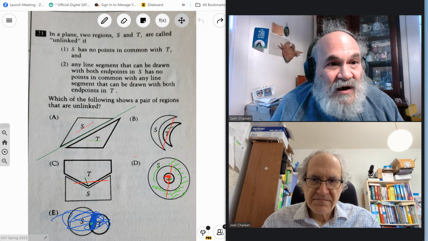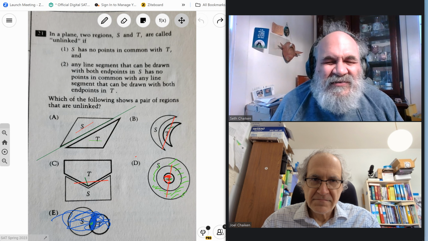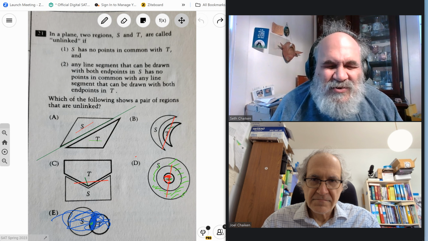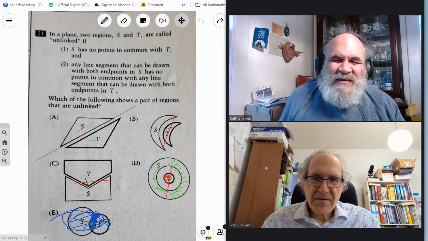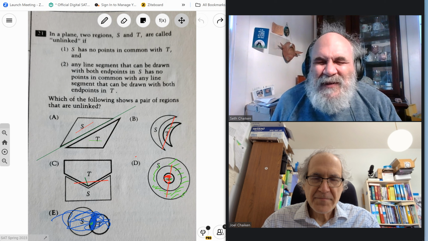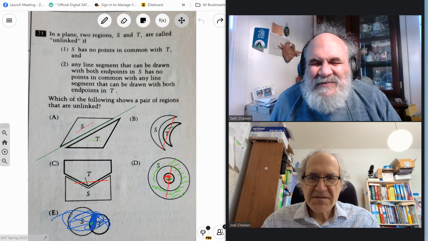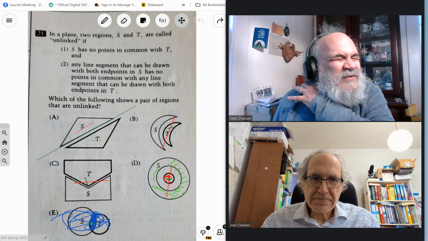And the region above the green line and the region below the green line have no points in common. So that constitutes a proof. That's what this problem is about.